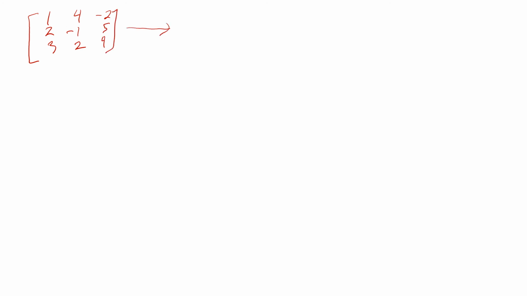Start to eliminate. Our first leading entry, we are going to take 2 row 1 minus row 2 as the new row 2. Row 1 stays the same, our new row 2 becomes 0, 9, -9, and row 3 stays the same.